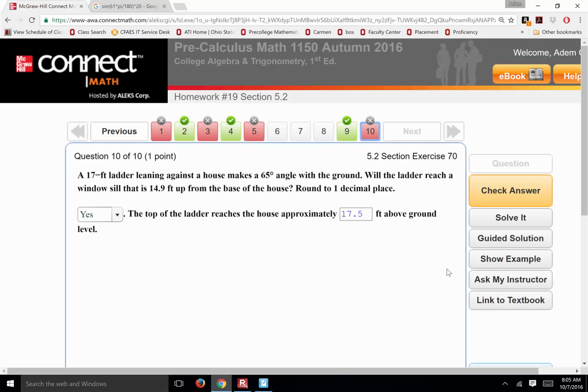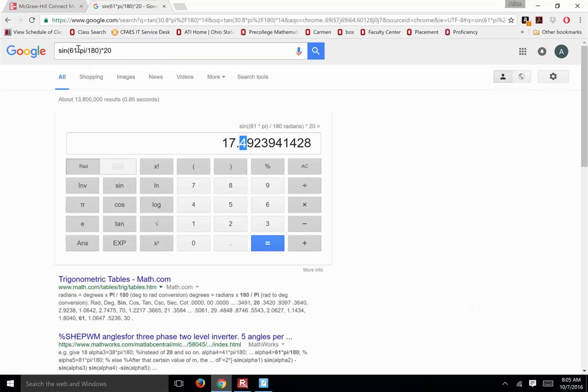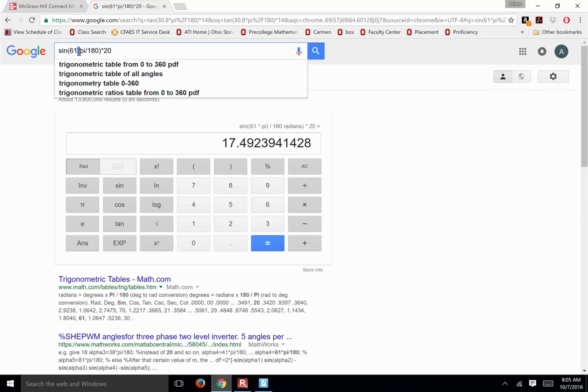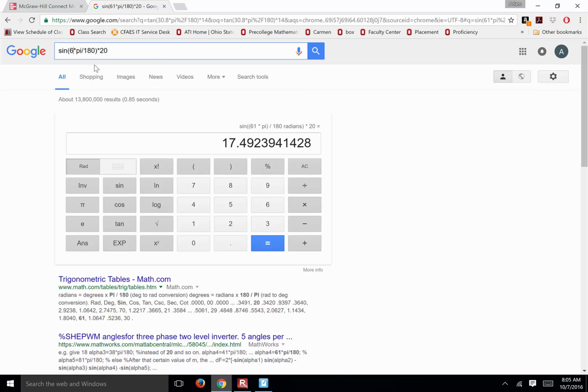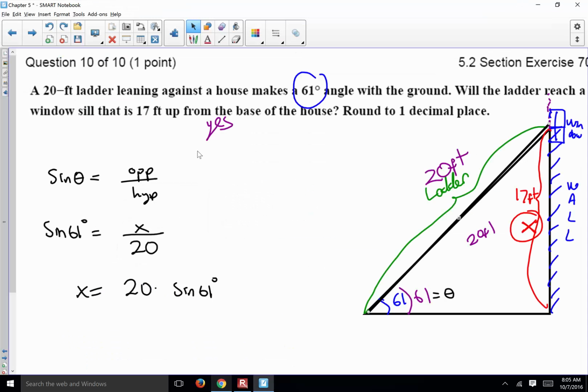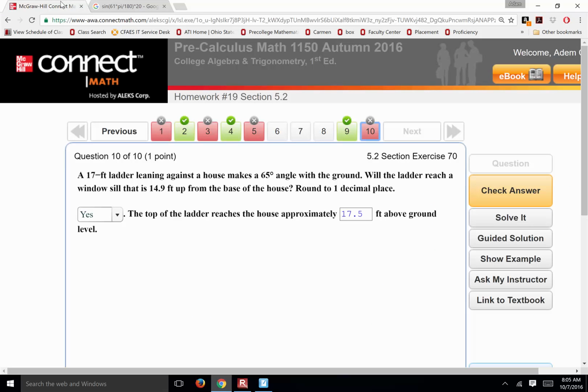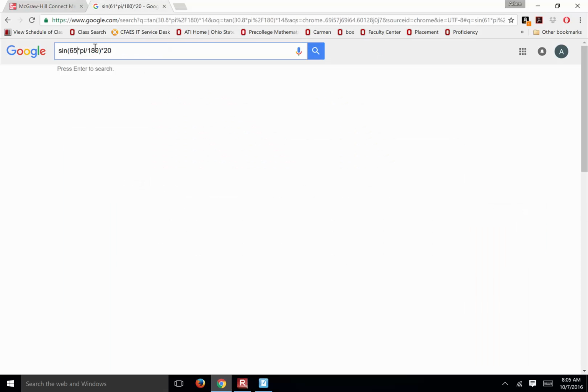Alright, what did I do wrong? Oh, my question is different. Okay, this is 65. Is this still the same ladder, those 20 feet? It's 17 feet. Alright, that's a little bit risky now.